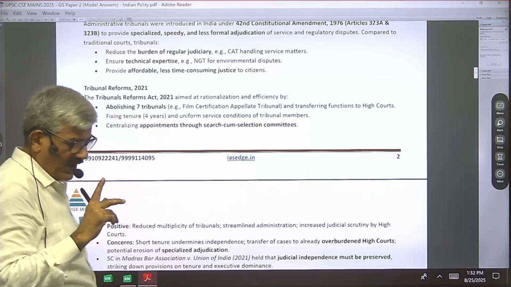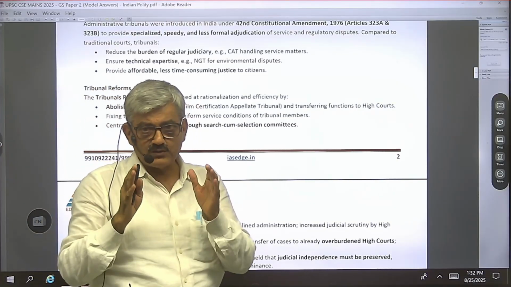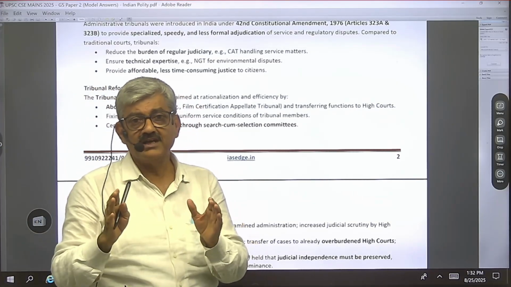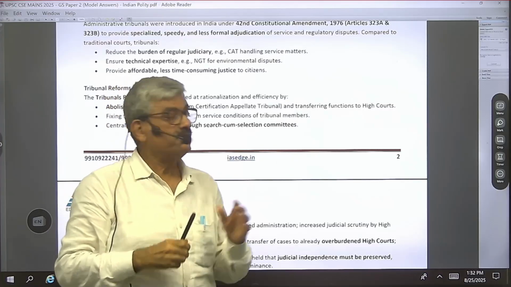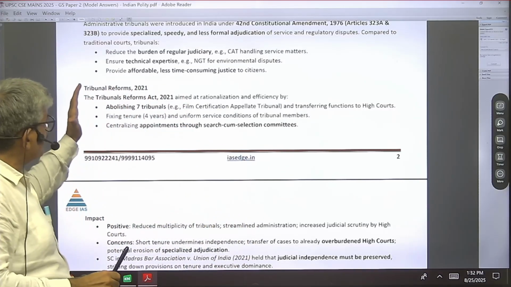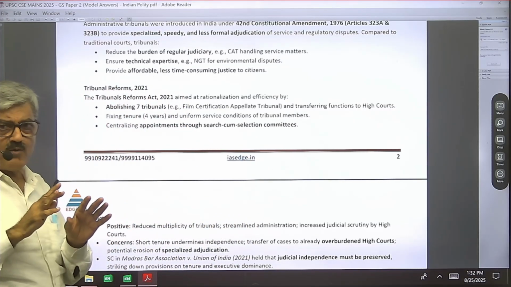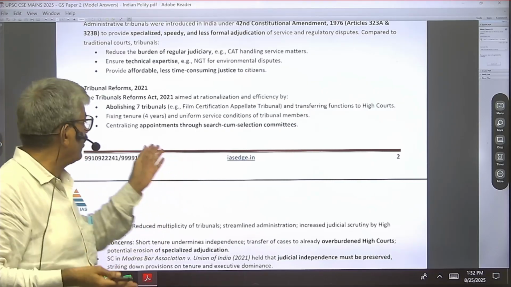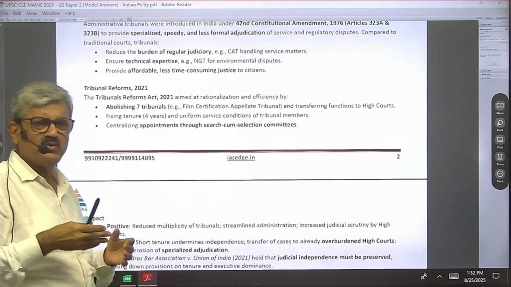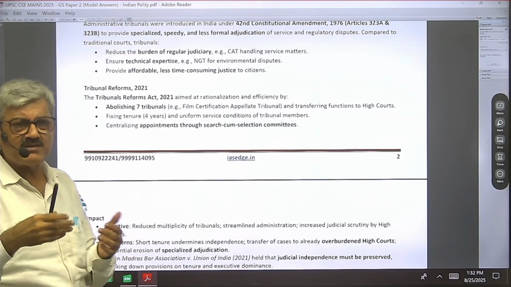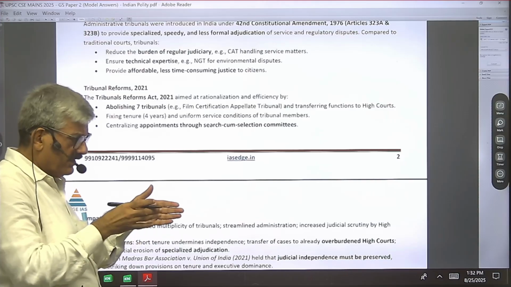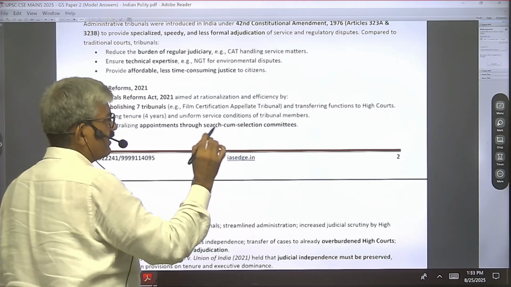But they have also asked to discuss to what extent the 2021 reforms are helpful. The 2021 reforms abolished 7 tribunals, as we know, because they were sometimes repetitive in nature, and there was financial burden also.